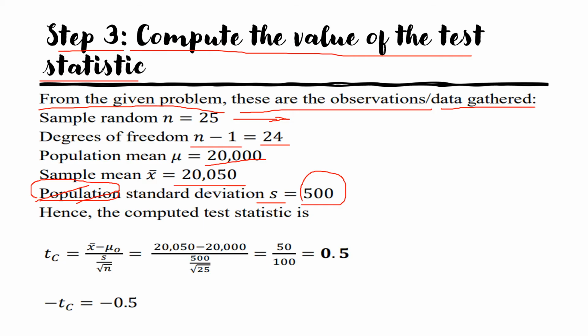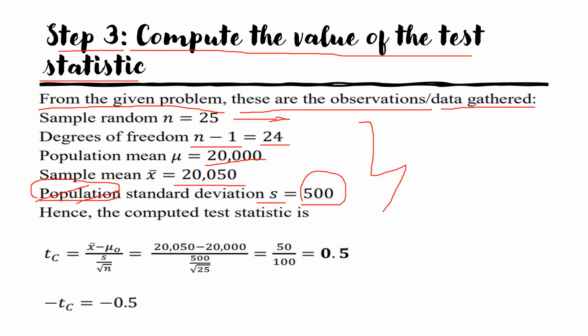So hence, for the computed test statistic, we simply substitute the given values to the formula for the computed t. That will be x bar minus your hypothesized population mean, all over your sample standard deviation s over the square root of your sample size n.